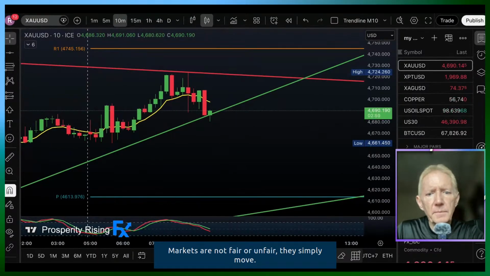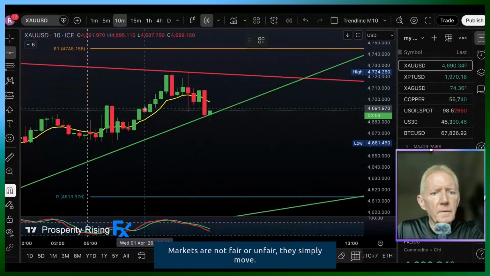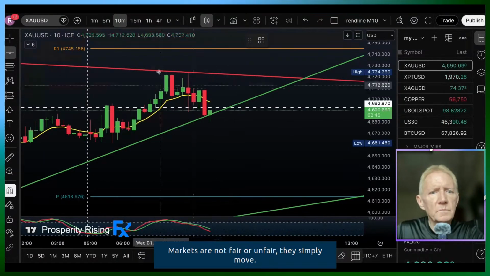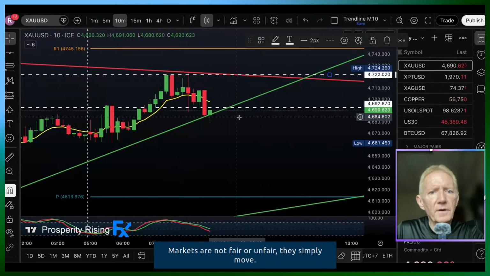So if you think about it, this is where Tokyo opened, and this is our high of the day.